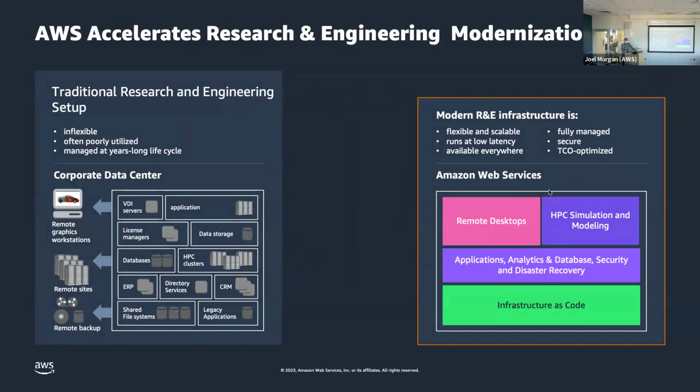While we even have our own VDI products, such as Amazon Workspaces and Amazon AppStream, it's not necessarily the best fit for this kind of use case, for research, for an R&D engineering group, where you may be scaling up, you may be scaling down, you need a different kind of access, but you still want remote desktops, right?